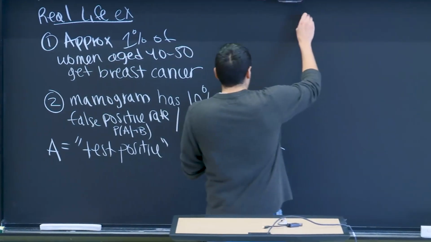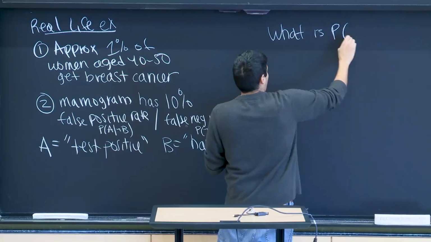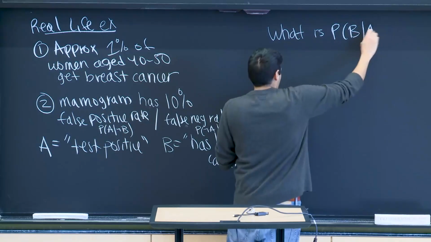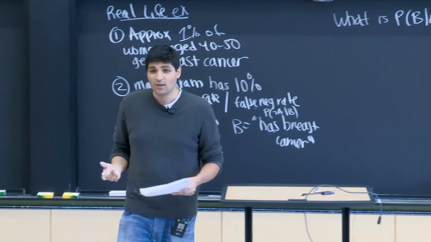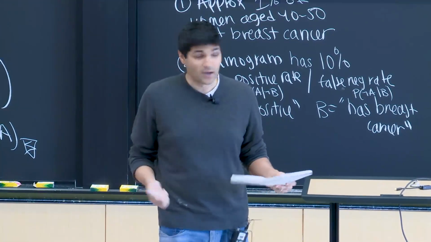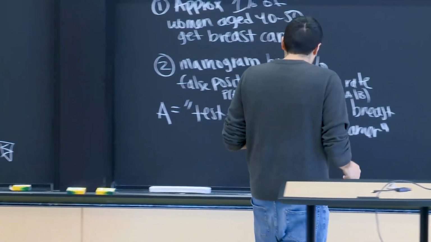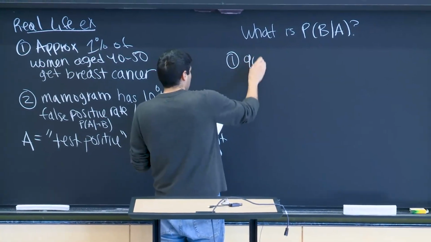So one of the conditional probabilities that's very important is what's the probability of B given A? So what does this mean? You test positive, and then you're very worried, but you want to know whether you actually have the condition or not. So let me take a poll from the audience.